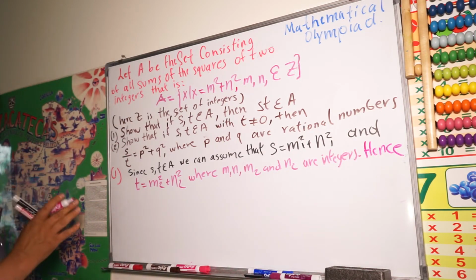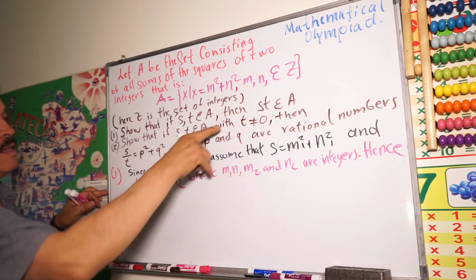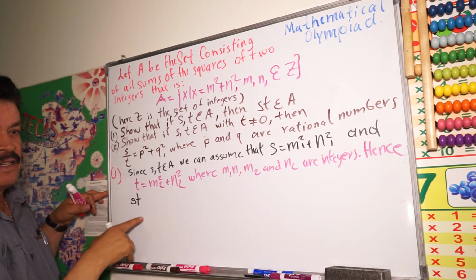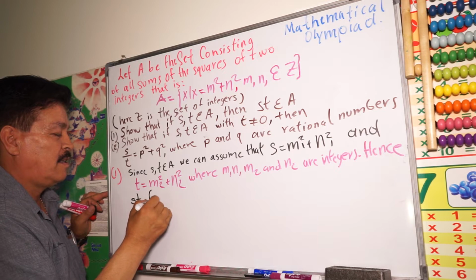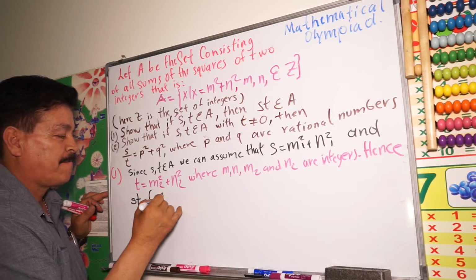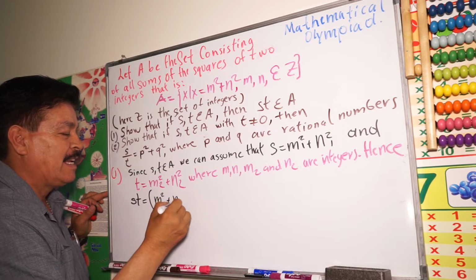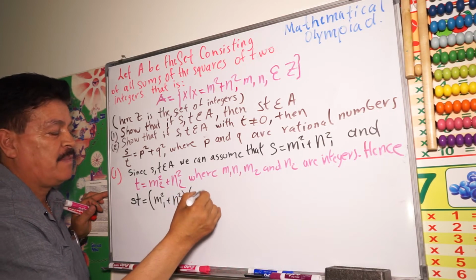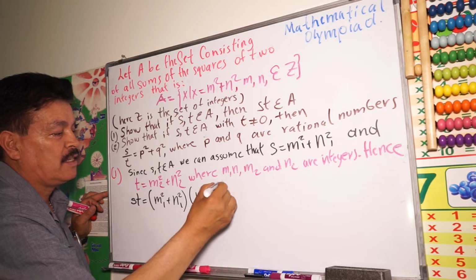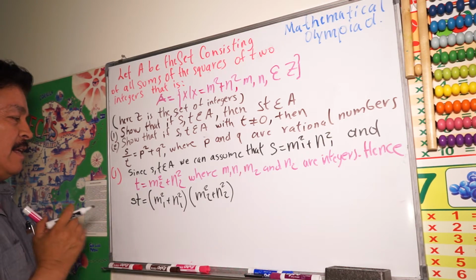Now see the whole problem. We have to prove that st equals m1 squared plus n1 squared, times m2 squared plus n2 squared.